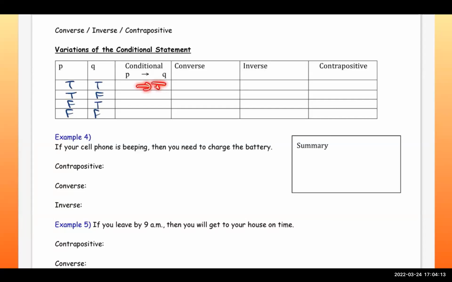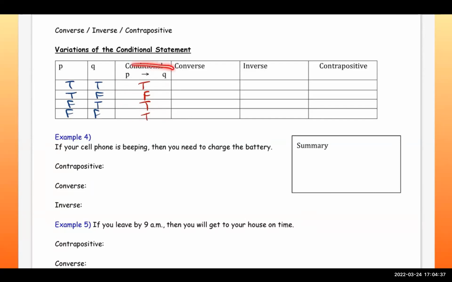We also know that if T, then false is false. And if false, then true is true. And if false, then false is true as well. Whenever a conditional statement starts with an F, the conditional statement is always true.